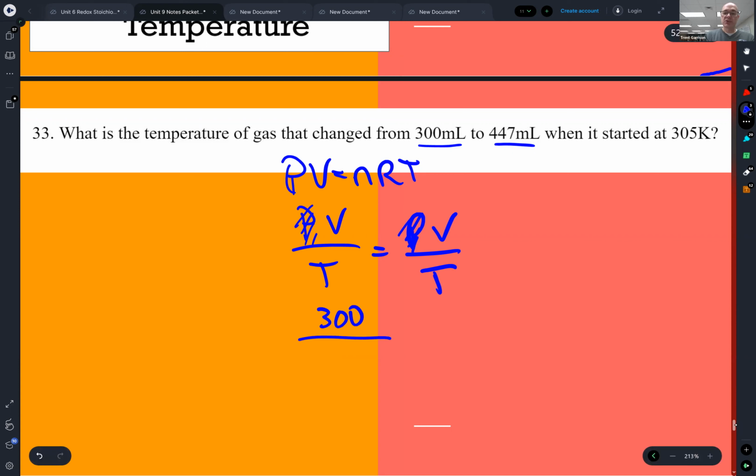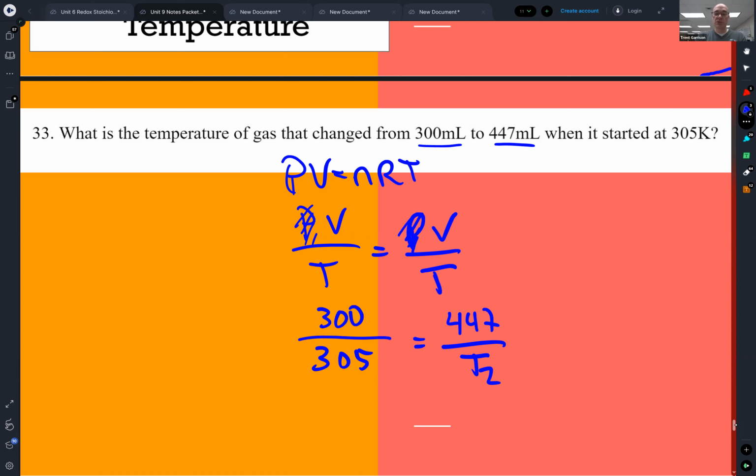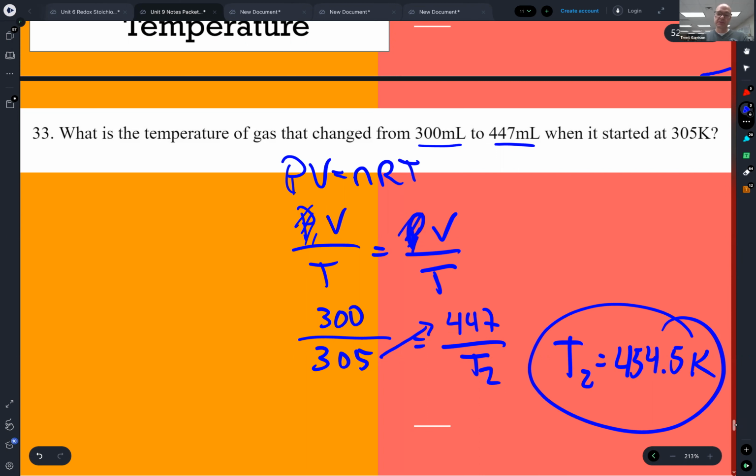It says my first temperature is 305. My new volume is 447, but I don't know what my new temperature is. So that's what I'm solving for. So cross multiply 305 times 447 divided by 300, and I end up with 454.5 as my temperature in Kelvin.